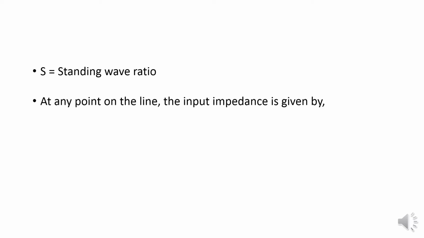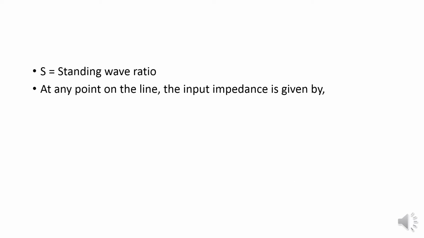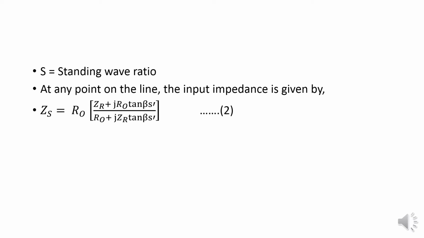At any point on the line, the input impedance is given by Zs = R naught into (Zr + j R naught tan beta S dash) divided by (R naught + j Zr tan beta S dash). So this is equation 2, where beta = 2 pi divided by lambda.